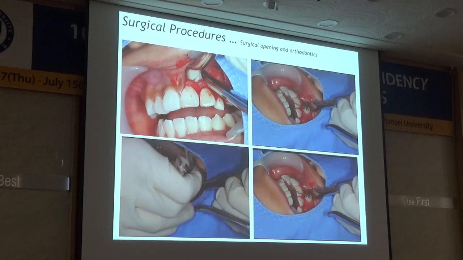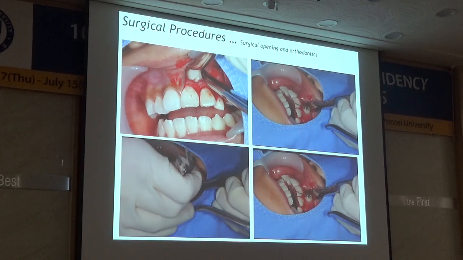The left lower side is very important. When you attach the button on the impacted tooth, you have to test whether the button is attached well or not. Once you close the flap and the button was not fully attached, the appliance may detach, and then you have to reopen the case.